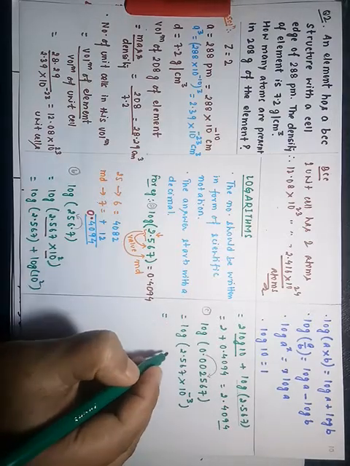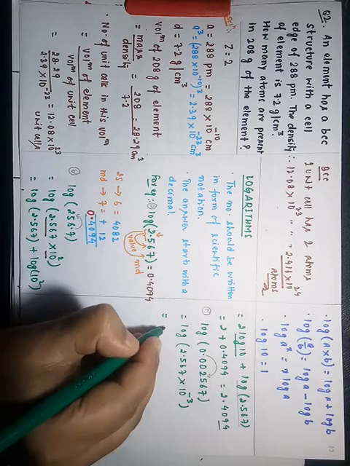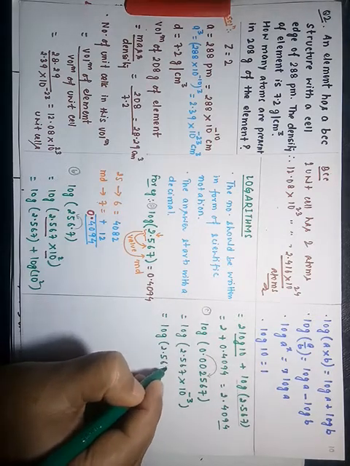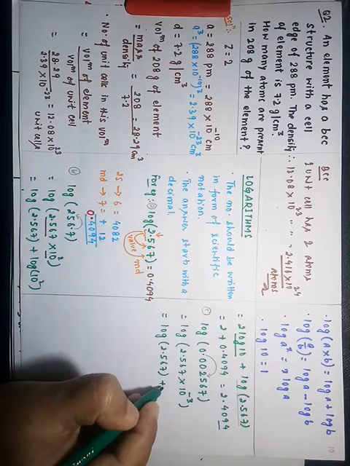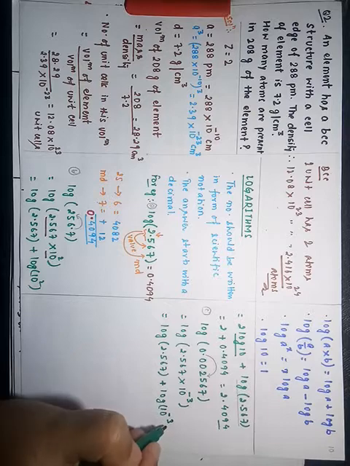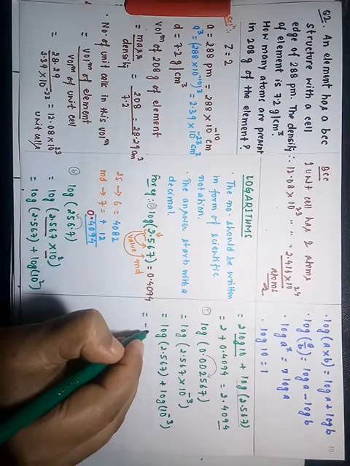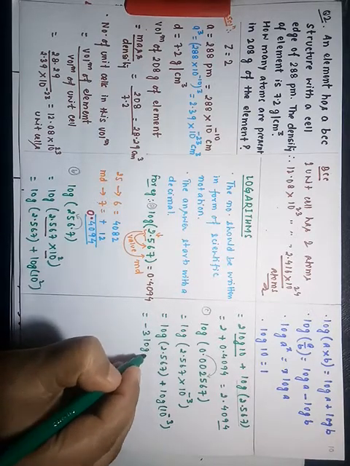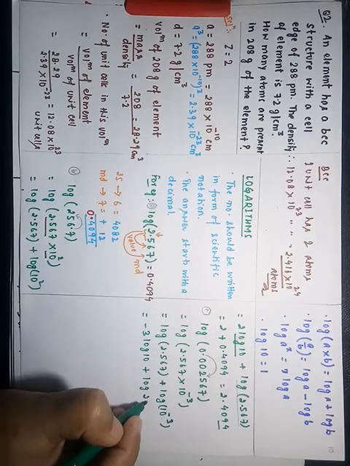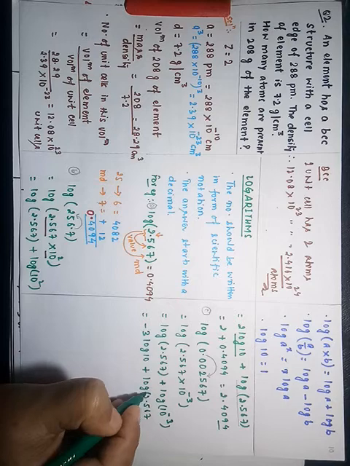Now this is in the form of log A into B. So log A plus log B: log 2.567 plus log 10 to the power minus 3. This can be written as minus 3 log 10 plus log 2.567.